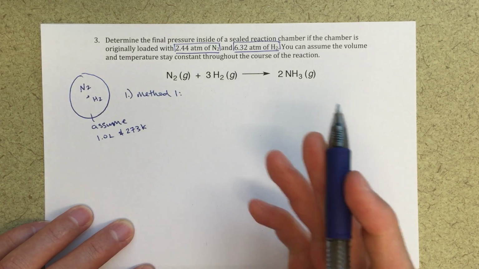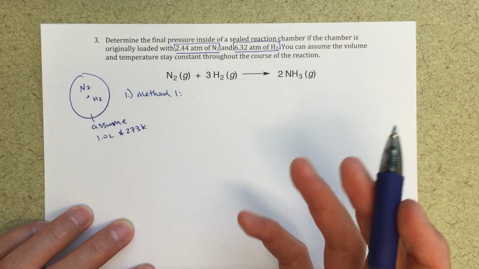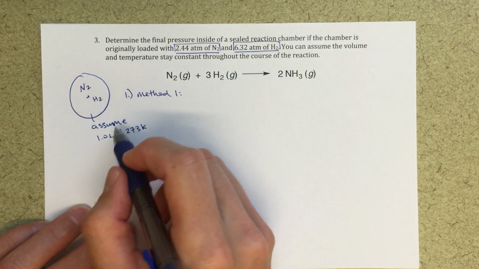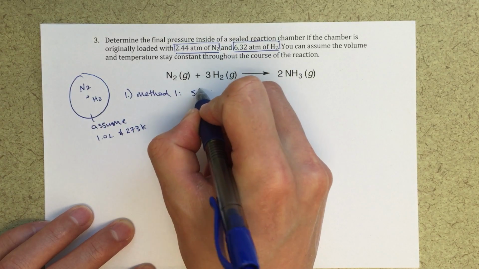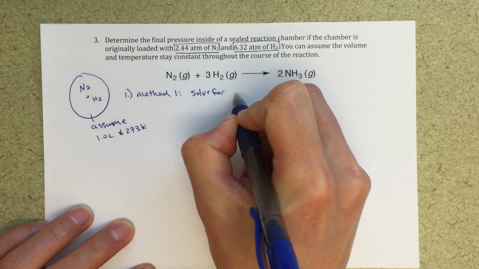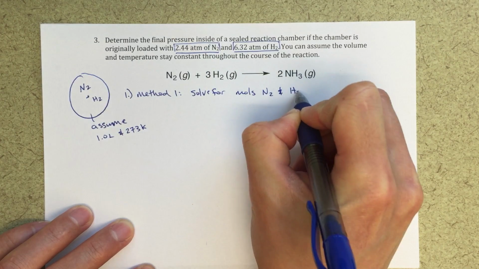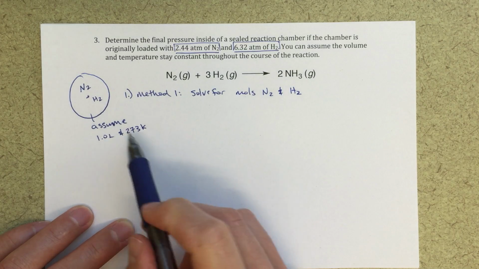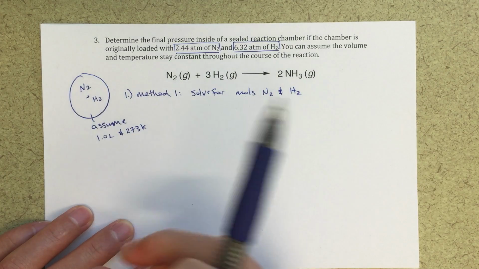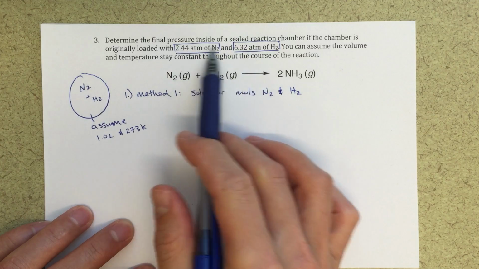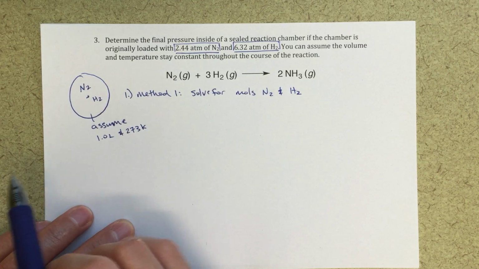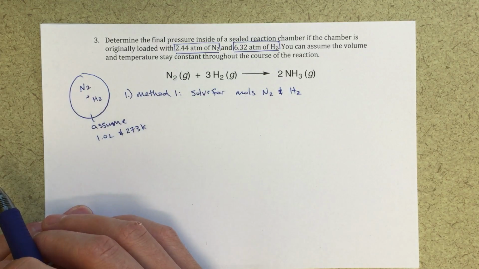It doesn't really matter what you choose. We're going to make those assumptions, and then we're going to solve for moles of N2 and H2. We have different partial pressures of N2 and H2, and we're going to use those to solve for the moles of N2 and H2.